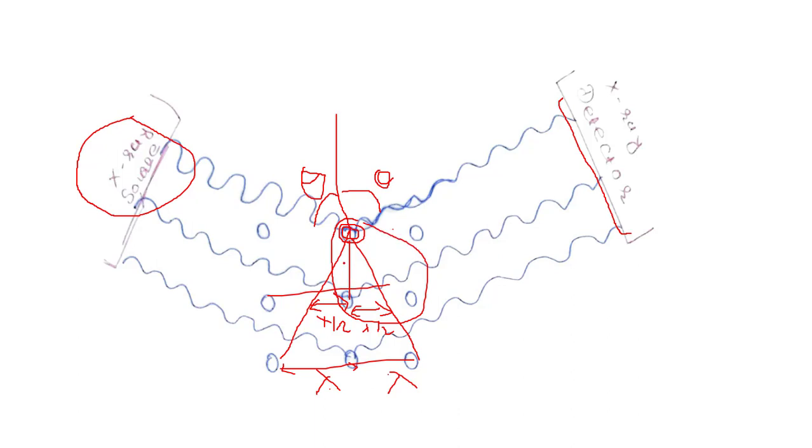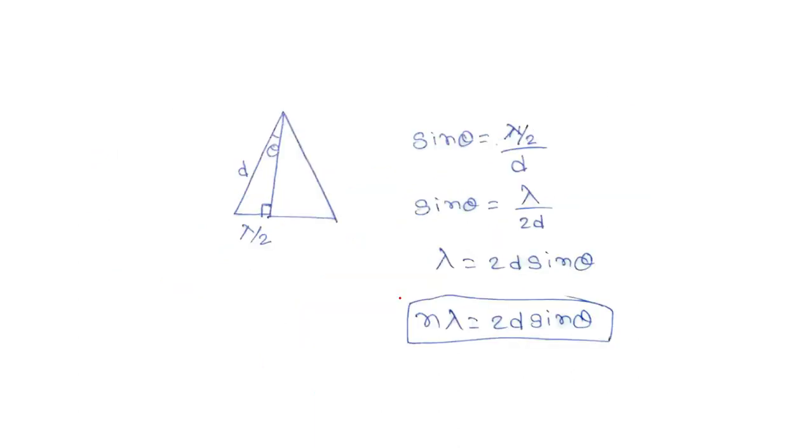This is the distance d and this is the angle theta. So we generated one triangle in which this is the angle theta, this is the distance d, and this is the length lambda by 2. So using trigonometry, sin theta is equal to lambda by 2 upon d.